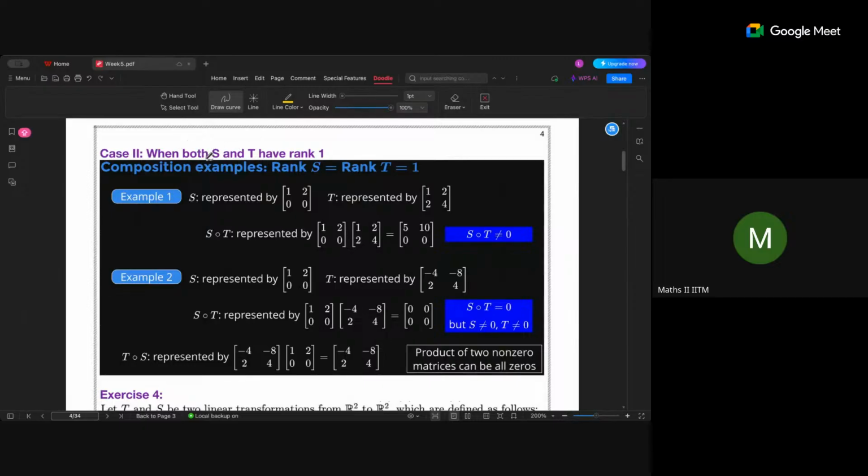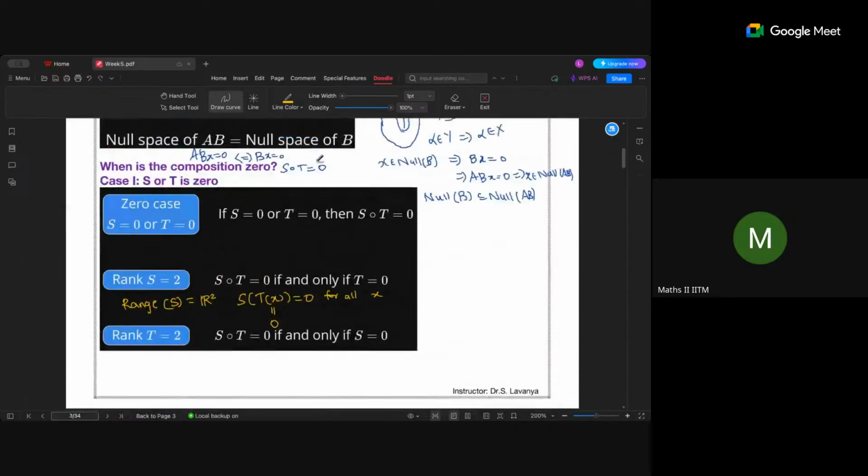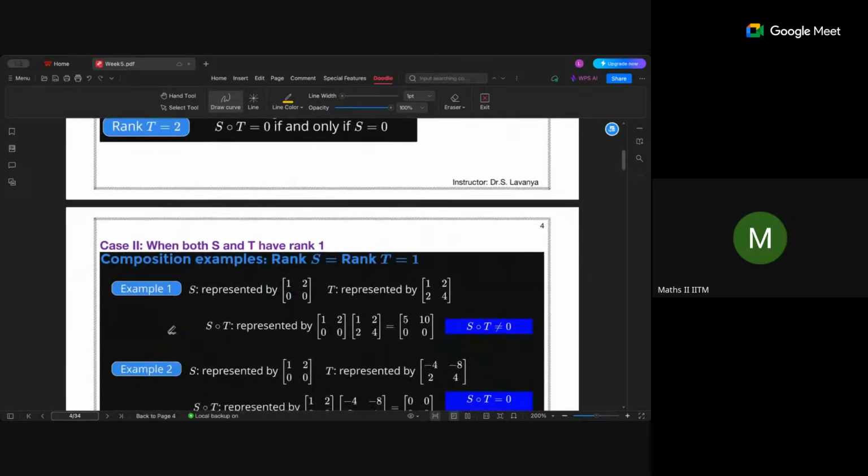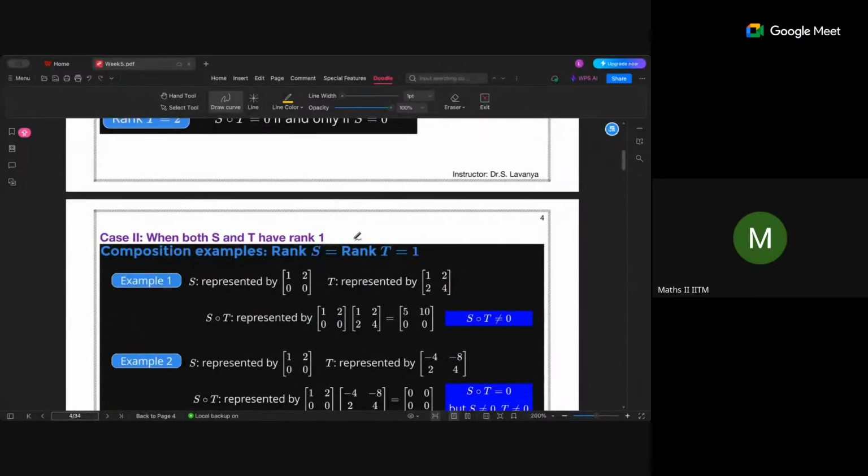So when both S and T have rank 1, then what will happen? Here in this case rank of S is 2 and here rank of T is 2. But what if both are having rank 1? So here is an example. What is the rank of this first matrix? 1.